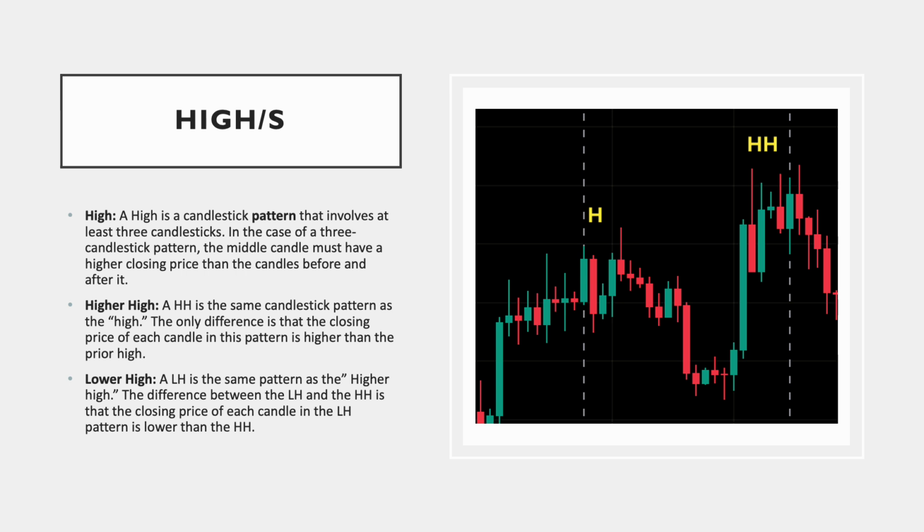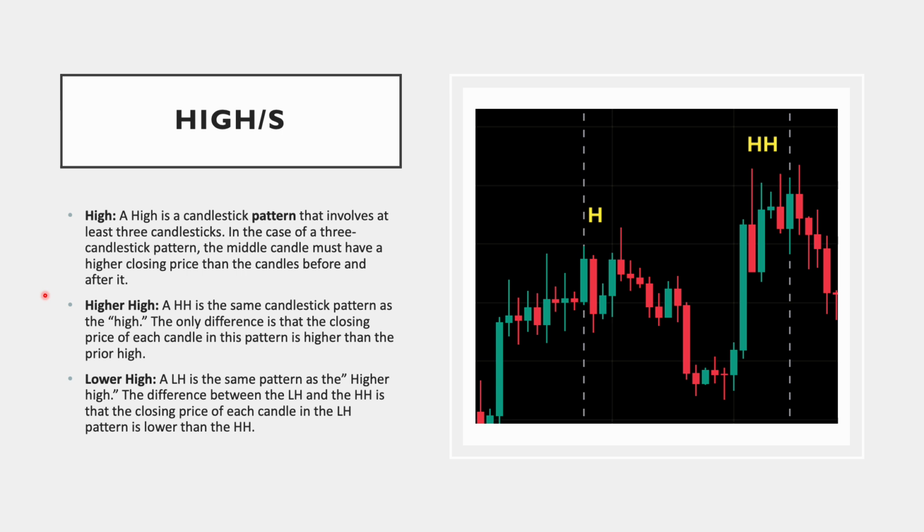Definition of a high. A high is a candlestick pattern, not a single candle, that involves at least 3 candlesticks. In the case of a 3 candlestick pattern, the middle candle must have a higher closing price than the candles before and after it. Higher high. A higher high is the same candlestick pattern as the high.